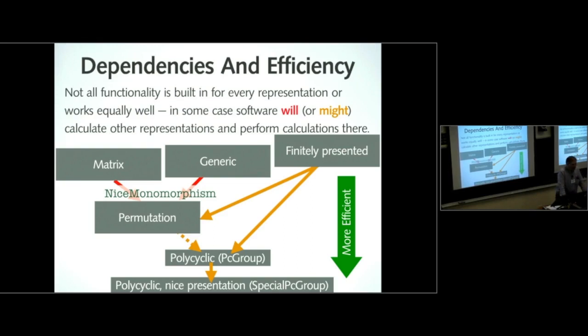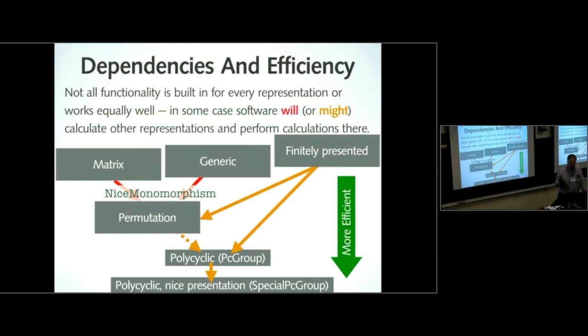So the question is, what is nice about the monomorphism? In some way, the monomorphism is into a nicer representation, a representation where the calculation becomes more effective. If you have a finitely presented group where your elements are words, then even just testing equality can be a very hard problem.